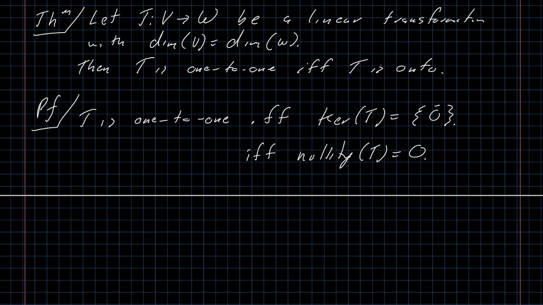But we also just proved T is onto if and only if, well, that would be that W is T of V. The codomain is the range.